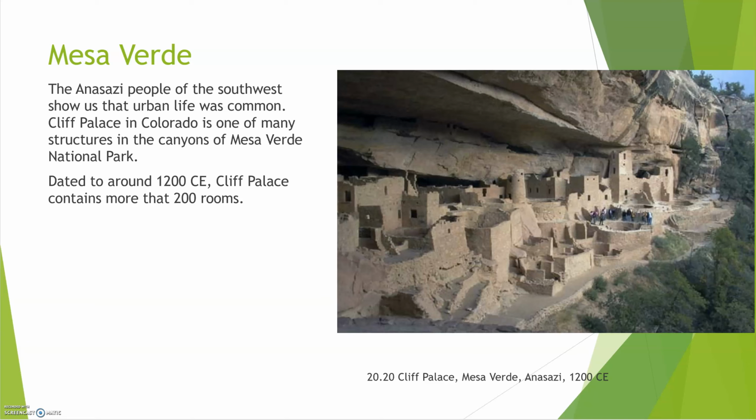Hopi is maybe a little more appropriate, but the people that were there did develop sophisticated cities that could house several hundred people, and they had what was called a kiva structure, and that's what you see around here.